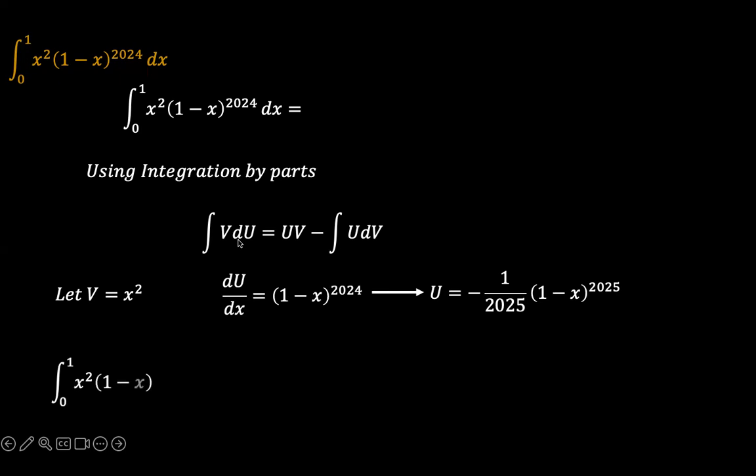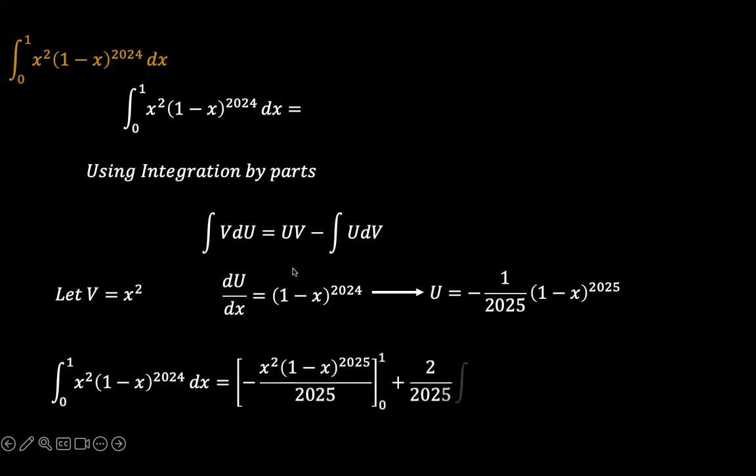So our integral of v du, which is x squared times (1 minus x) to the power 2024, integrated from x equals 0 to 1, is uv, which is obviously x squared times this u bounded between 0 and 1, plus, because this negative sign interacts with this, we have a plus, the derivative of v, which is 2x, so 2 comes out, 2 over 2025, the integral from 0 to 1 of x times (1 minus x) to the power 2025.